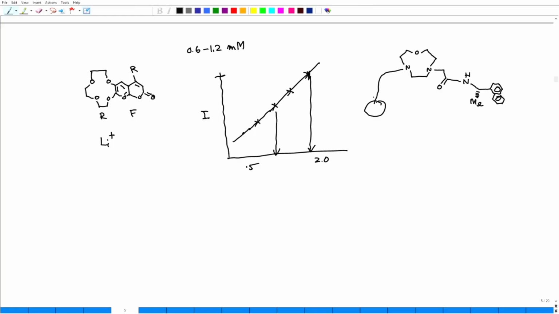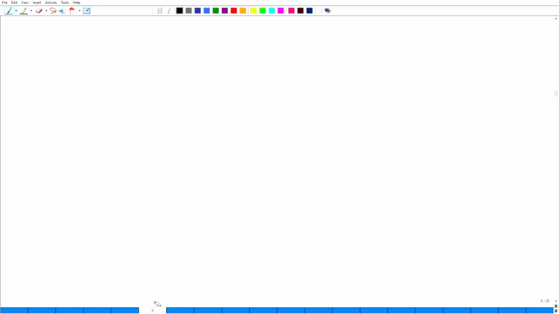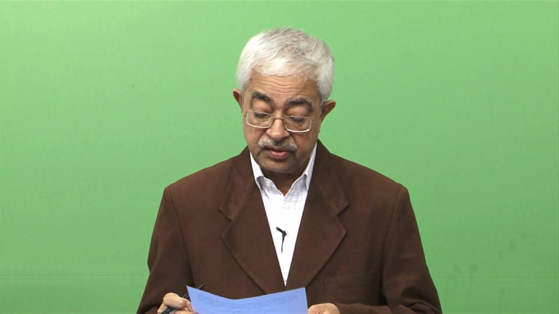So, we want a specific receptor: only lithium should make a complex, and if lithium makes a complex, then we can know its concentration from emission intensity, as simple as that. So, these are lithium sensors, and this is the principle, from intensity. Then let us see some others. Now, it will be very interesting.